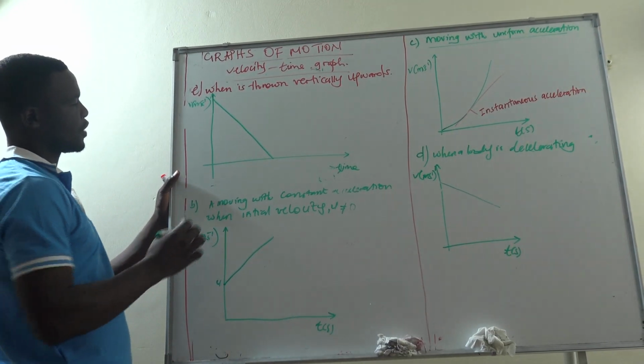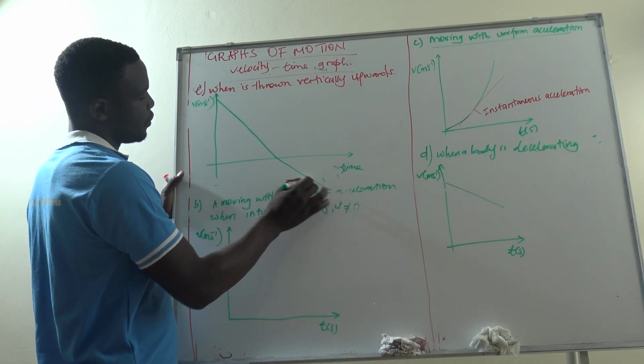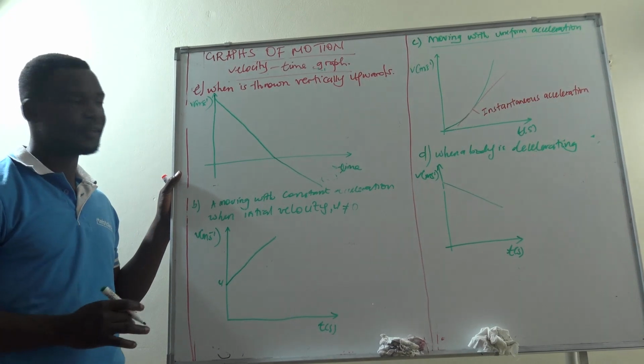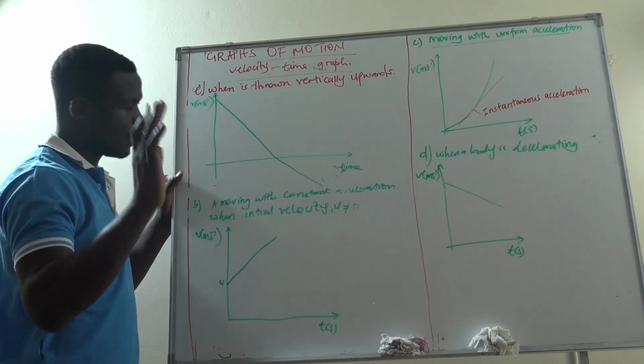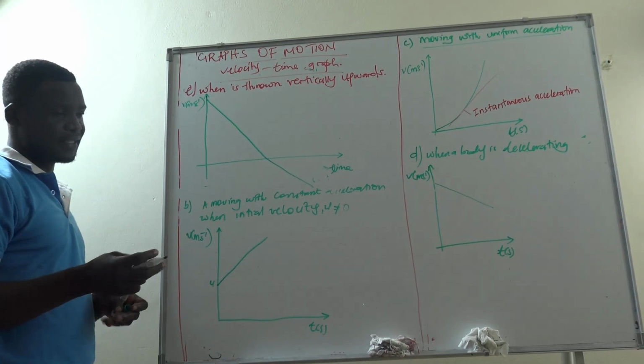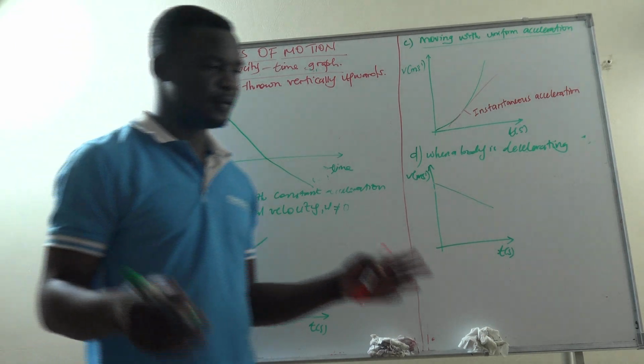And after reaching maximum height, the velocity of this body again increases, but that velocity becomes negative, and that is in line with the sign convention that we shall see ahead in motion and gravity.